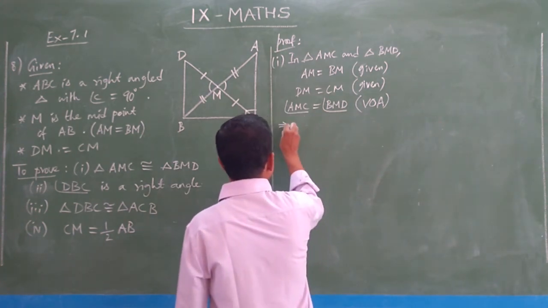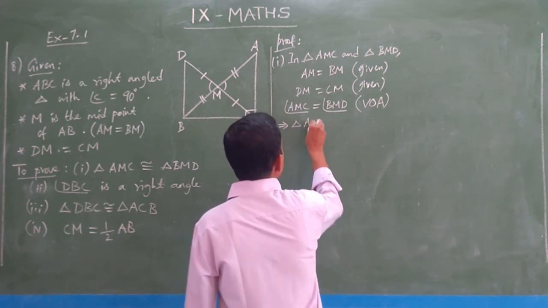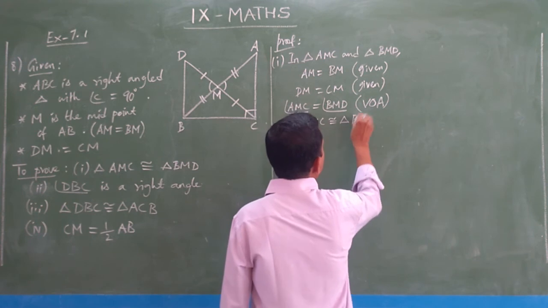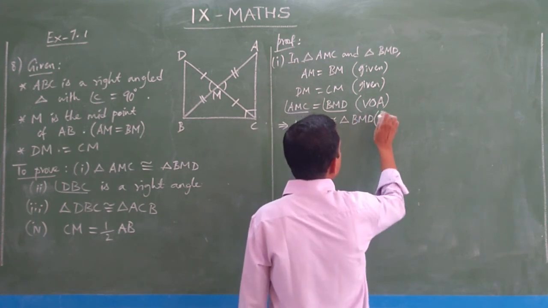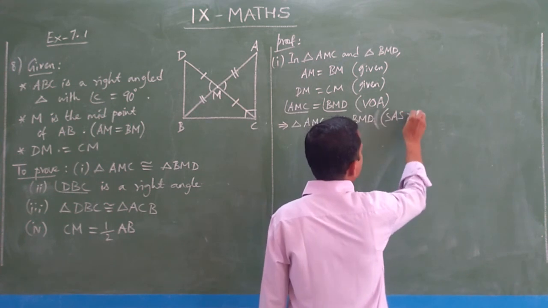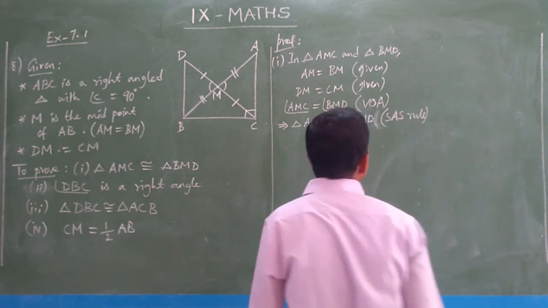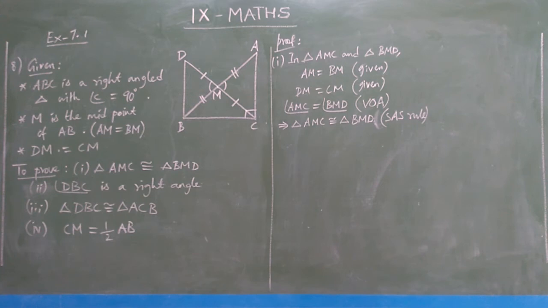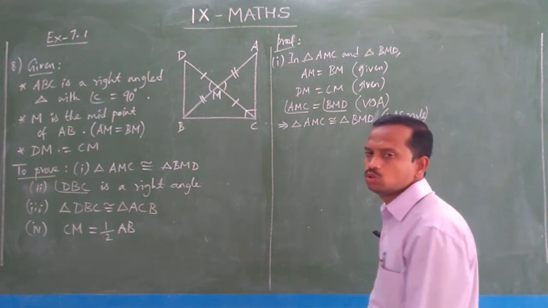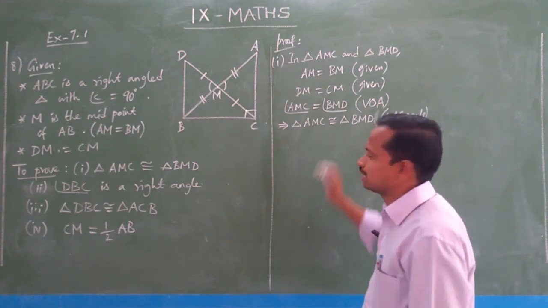This implies triangle AMC is congruent to triangle BMD. The reason we can write is SAS rule, that means the angle is included between the two sides. So these two triangles are congruent.